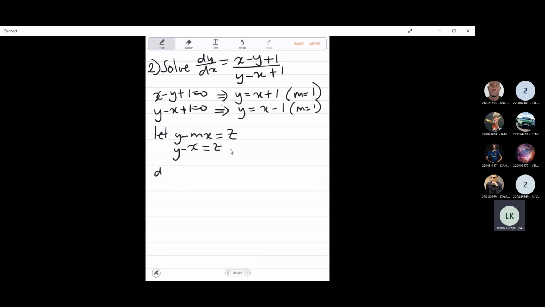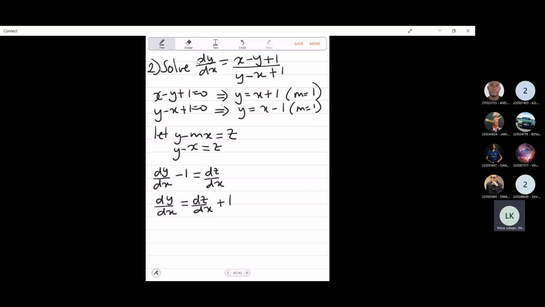We have dy/dx minus 1 is equal to dz/dx. So this means that dy/dx is equal to dz/dx plus 1.